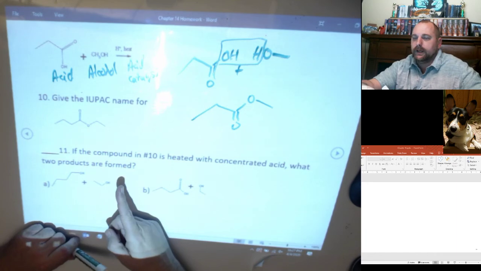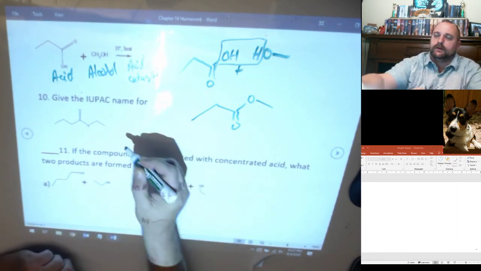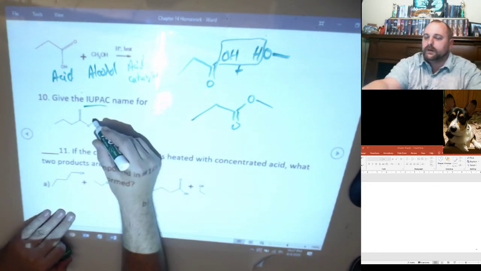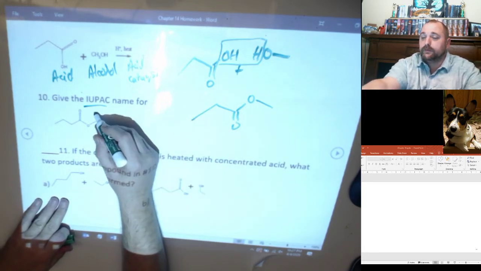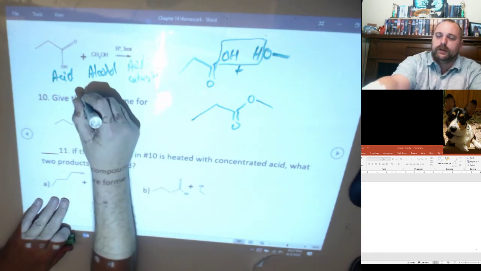Then it wants us to name it. This one's a little tougher than that one. So IUPAC again. Be careful, IUPAC versus common. This gets named just like naming the salts previously. Here's my alcohol part, so we're splitting this thing down the middle.